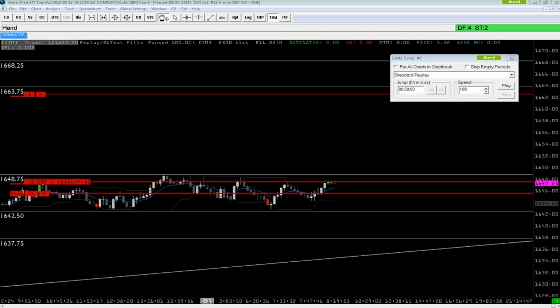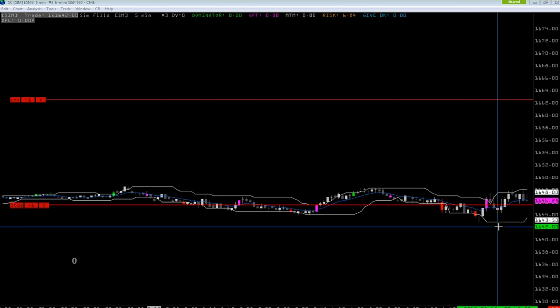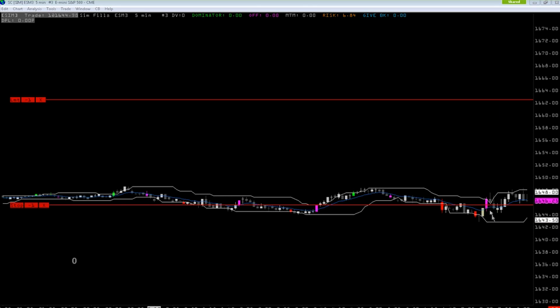If I'm looking at this chart and I can see my entry here is under this range that we talked about, we're inside the range. We don't really want to trade in a range. I don't. It was a breakout trade. You want to break out of the range. So with this trade, if I look to my 5-minute chart for confirmation, this is the exact same time. I've scrolled it ahead just a tad so you can see what's going on. But we're actually in an exit candle on the 5-minute chart.